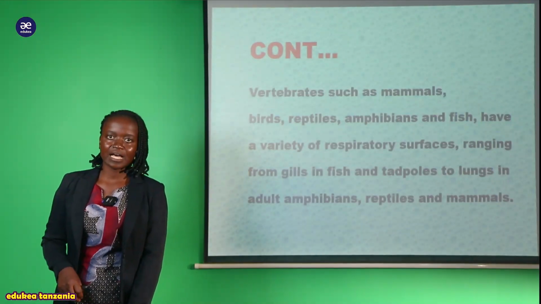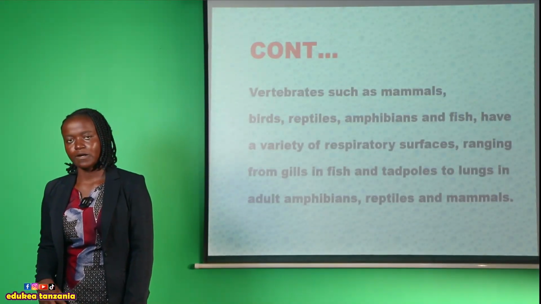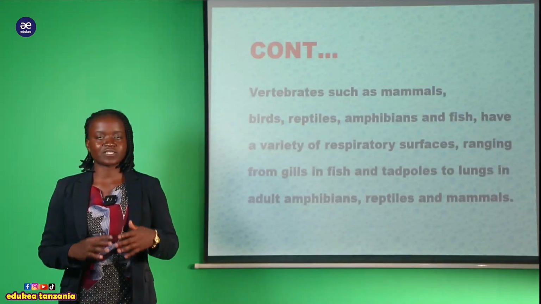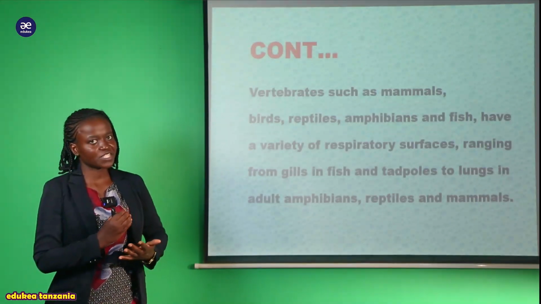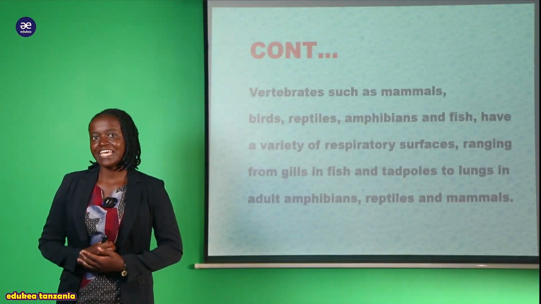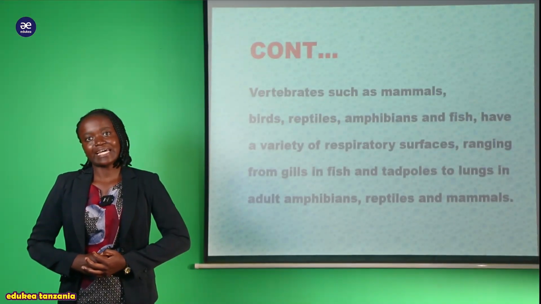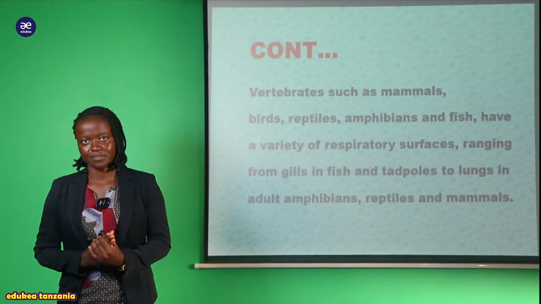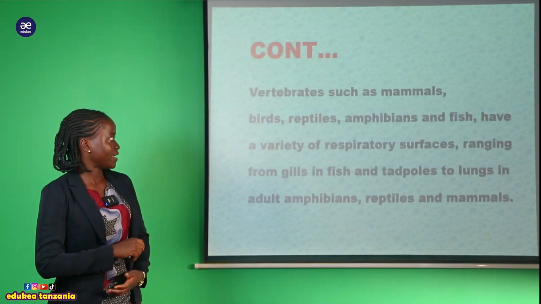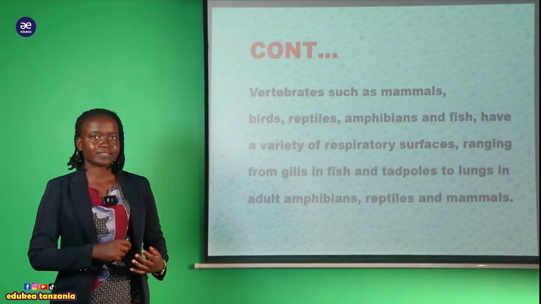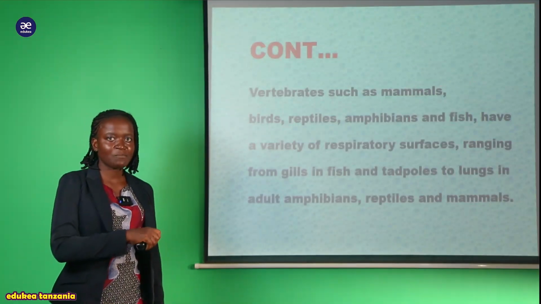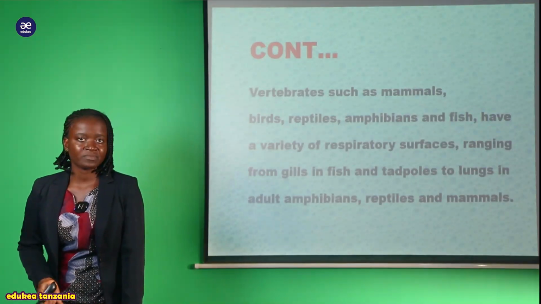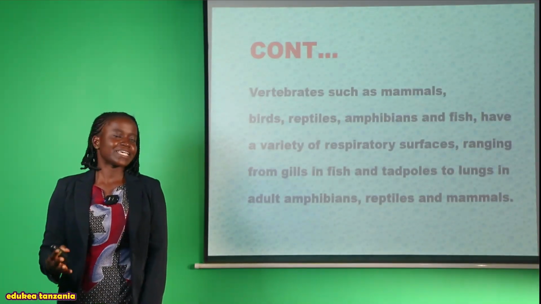When we are talking about vertebrates, since we are going to discuss the transportation of oxygen and carbon dioxide in vertebrates, we will discuss birds and mammals. Among the mammals we find the human being, monkey, chimpanzee, and so on.